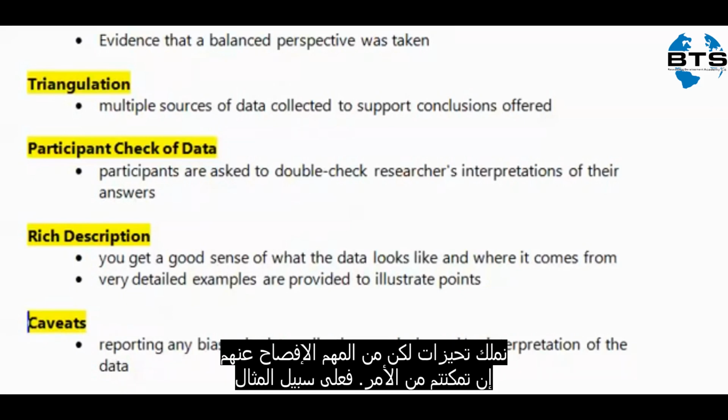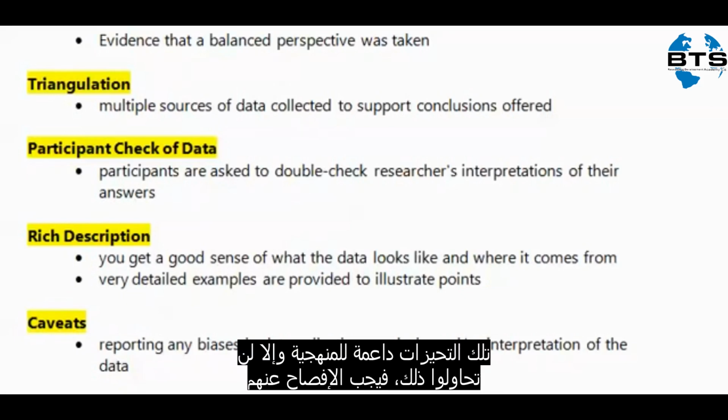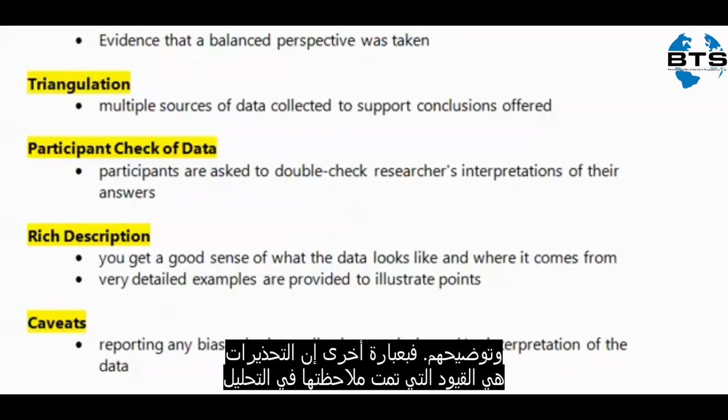We all have biases, but it's important to articulate them if you can. For example, if you're the teacher and you're trying out a different method and you're also the researcher, well, clearly your bias might be in support of that method, otherwise you wouldn't try it. And so you should state that up front.